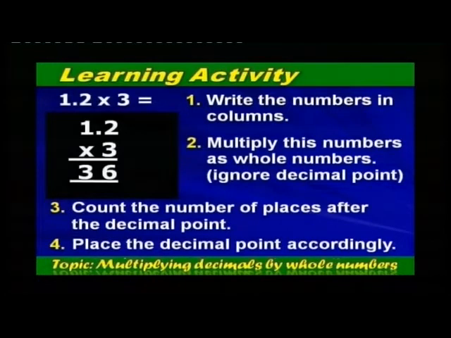Can you understand what I am explaining here, students? Good. So now you can see the example there. One of the two numbers we are multiplying, 1.2, has 1 decimal place. Your answer will have 1 decimal place.